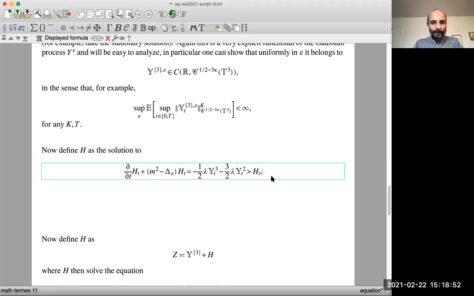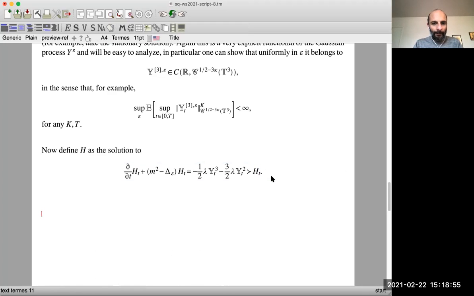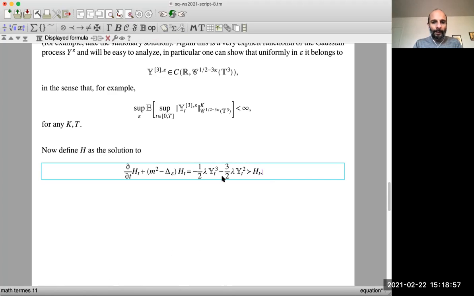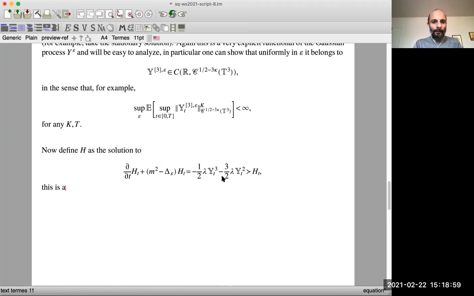Okay, so I define this solution. This is a linear equation which can be solved and analyzed. That's not a problem.